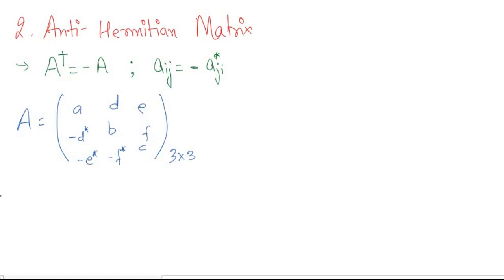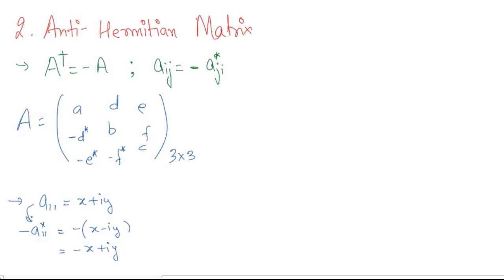In an anti-Hermitian matrix, let us see what happens. Our first element, let us call it A11, is x plus iy. Then from the definition, minus A11 star is equal to minus, and A11 star is x minus iy, so this is minus x plus iy.